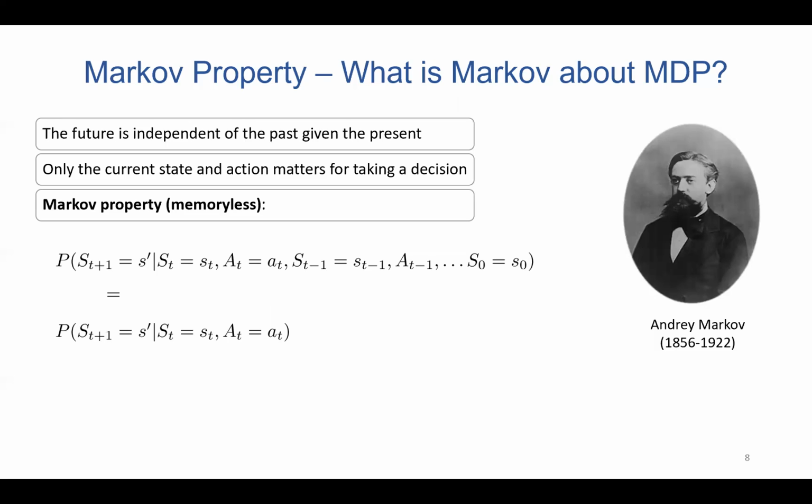Suppose that you are at a current state S_t, okay, at the current time. At the current time, you're in the current state, you take a certain action, A_t, all right?